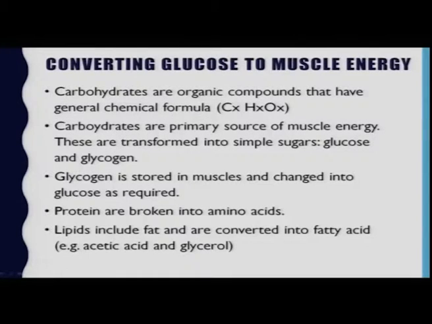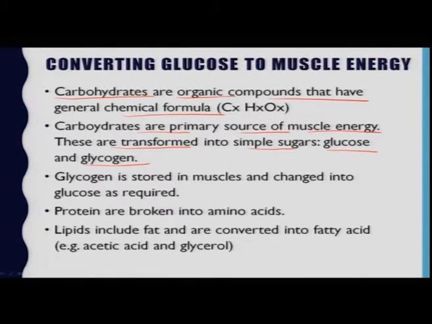We also described carbohydrates, which are organic compounds with a general chemical formula of CxHxOx. These carbohydrates are the primary source of muscle energy. They are transformed into simple sugars, glucose and glycogen.